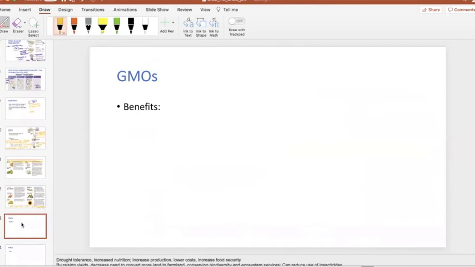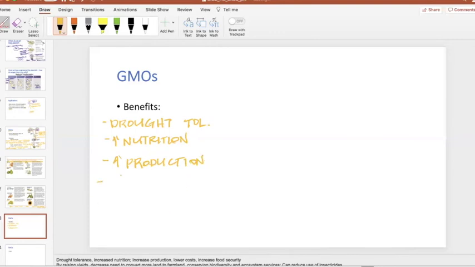Some of the benefits of having a genetically modified organism: often they are drought tolerant. Okay, they have been genetically modified to tolerate periods of dryness. They might have increased nutrition, like we saw with that golden rice. We might increase production of our crops by introducing genes that make them insect resistant or something like that.